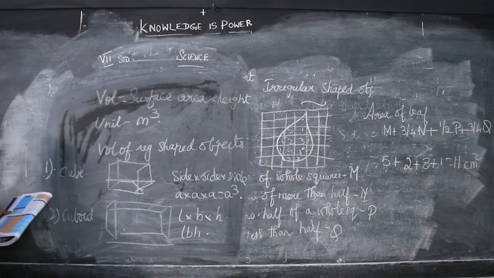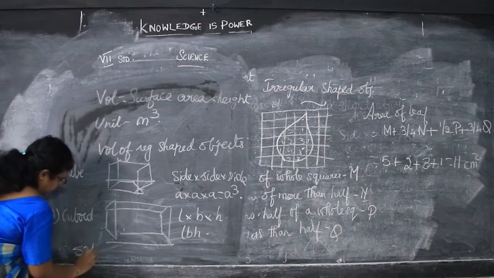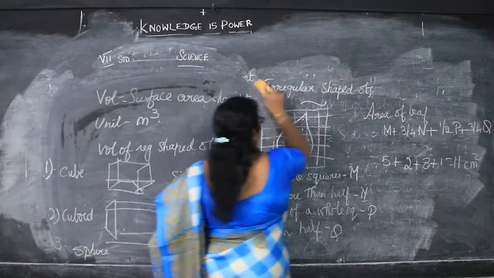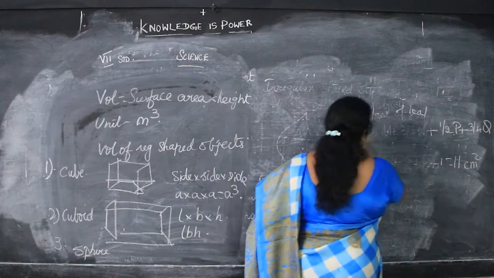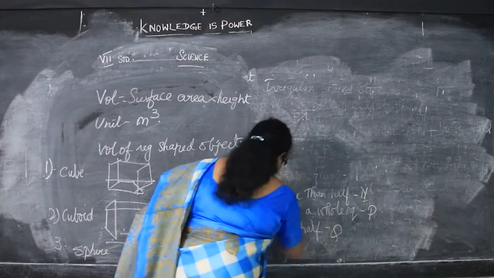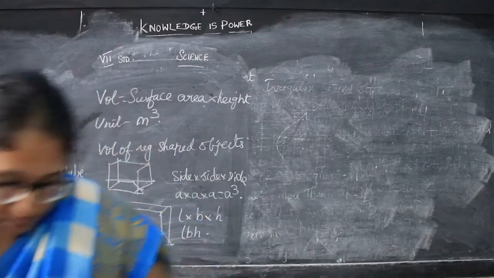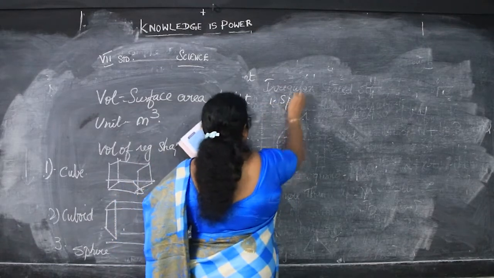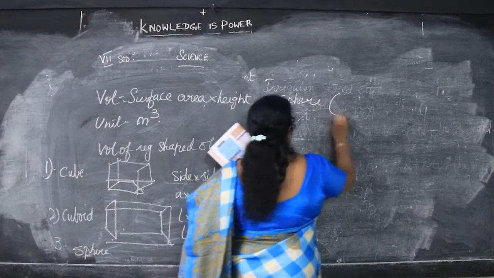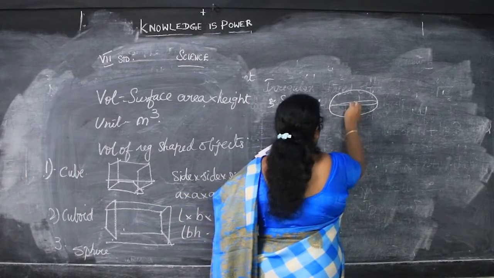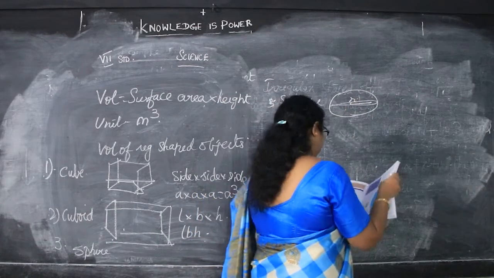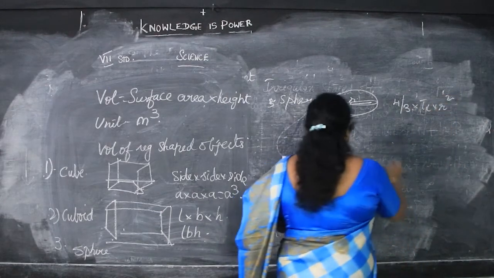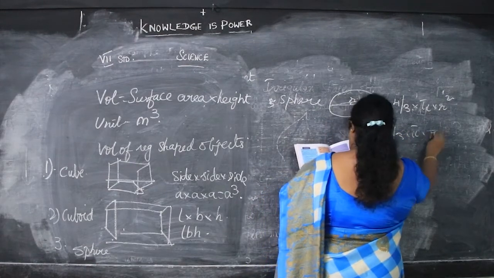Next is the sphere. In the sphere, with radius r, the volume is 4 by 3 into pi into r cubed.